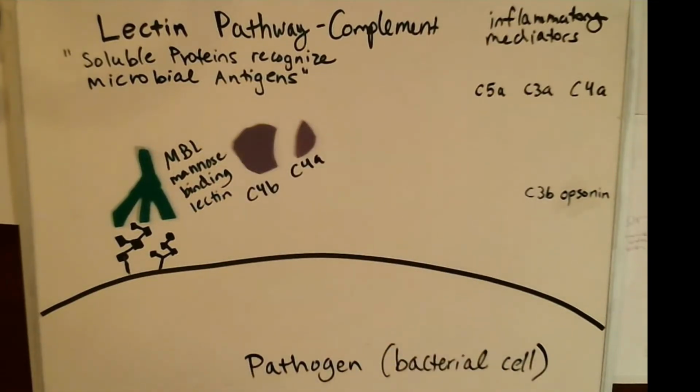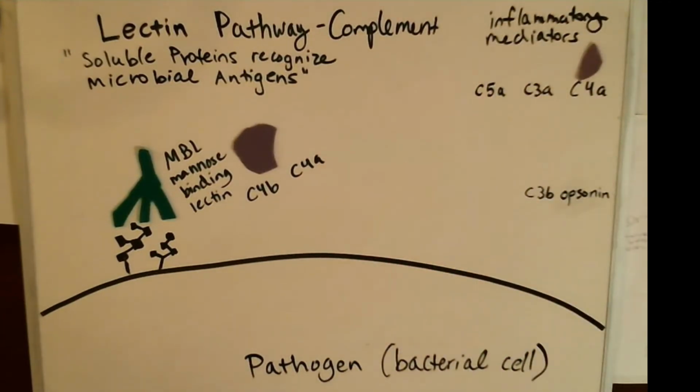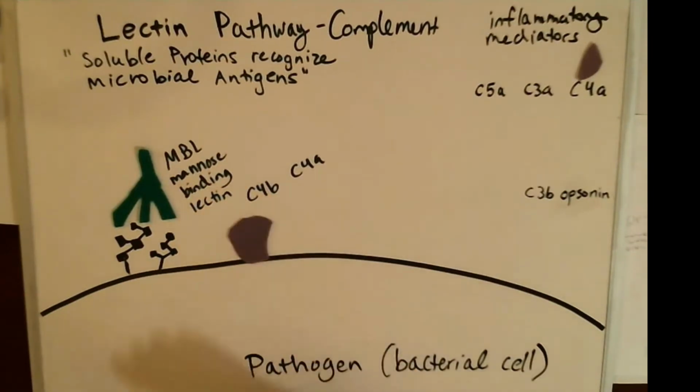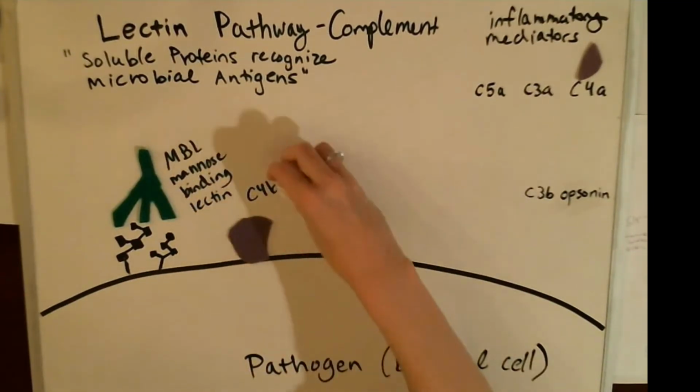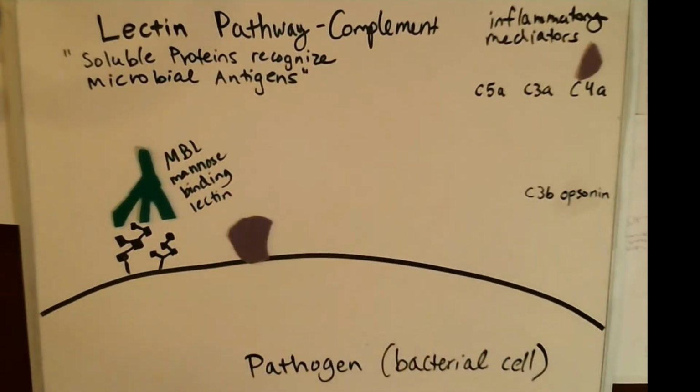And if you recall from last time, C4a is one of those inflammatory mediators. C4b will be associated with the membrane. And then everything else is basically the same as the classical pathway from this point out. So really just that initiation step is different in the lectin pathway.